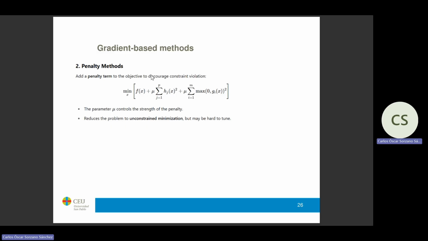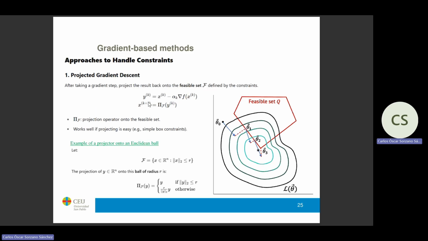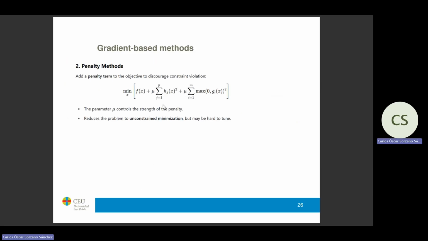So you can see that the ways to handle the constraints are different. Here we forget about the constraints and then we project. And here, when you compute the gradient with respect to x, it is the gradient of the whole objective function. It's not just f. So you see the differences between equalities.